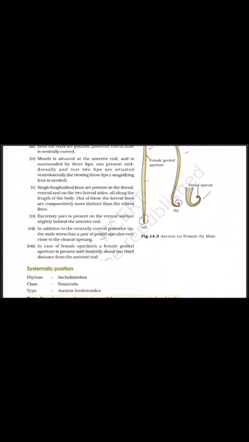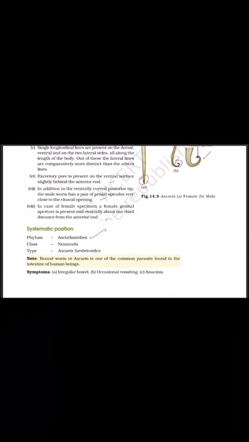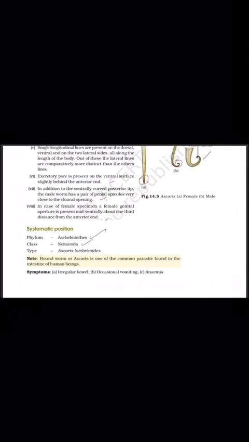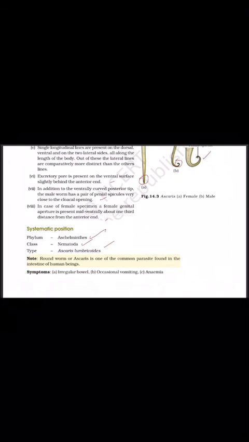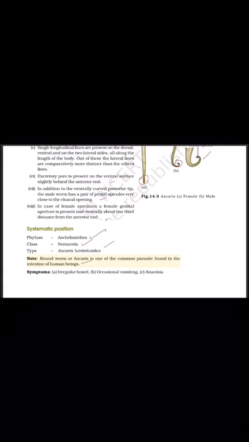What about classification? Phylum Aschelminthes, class Nematoda, and the biological name Ascaris lumbricoides. And what of the danger? Roundworm or Ascaris is one of the common parasites found in the intestine of human beings. What will happen if it is present inside the human beings?